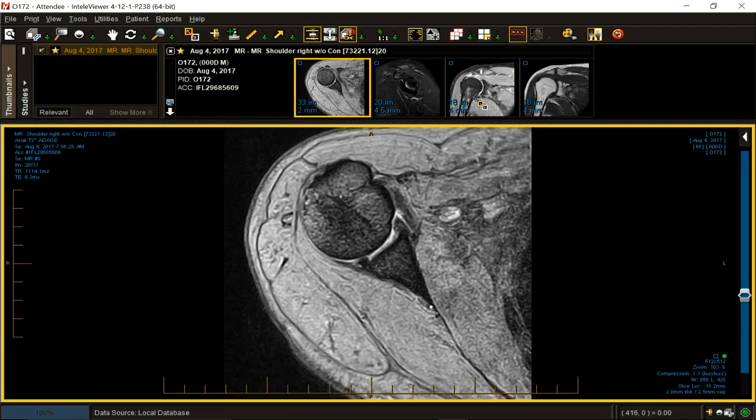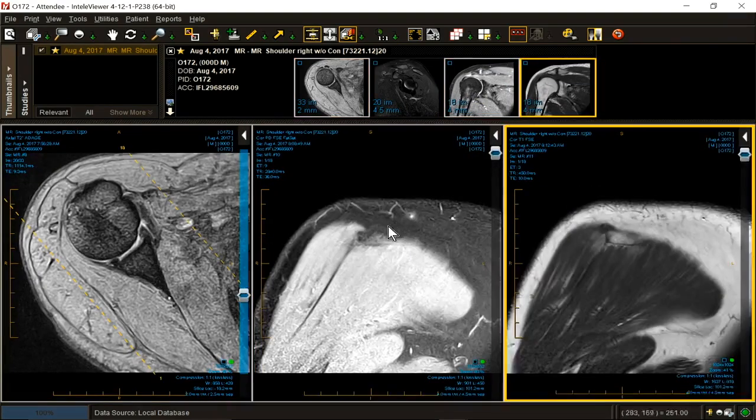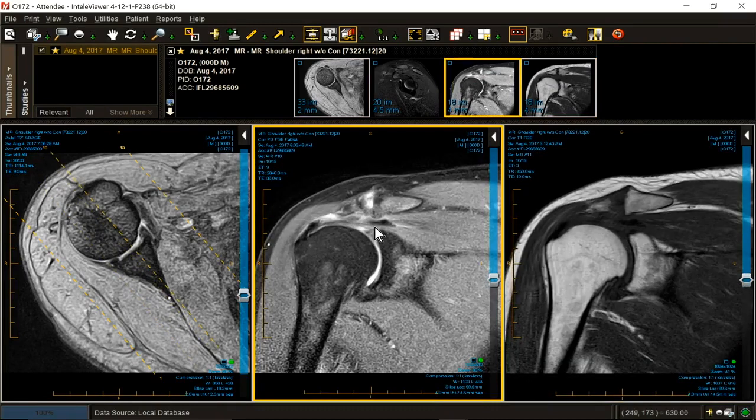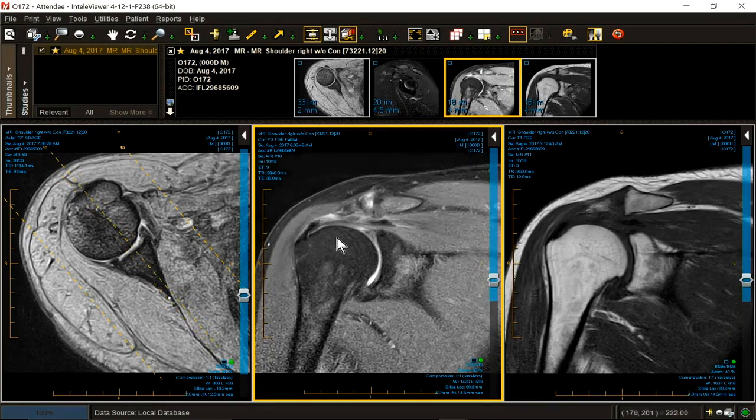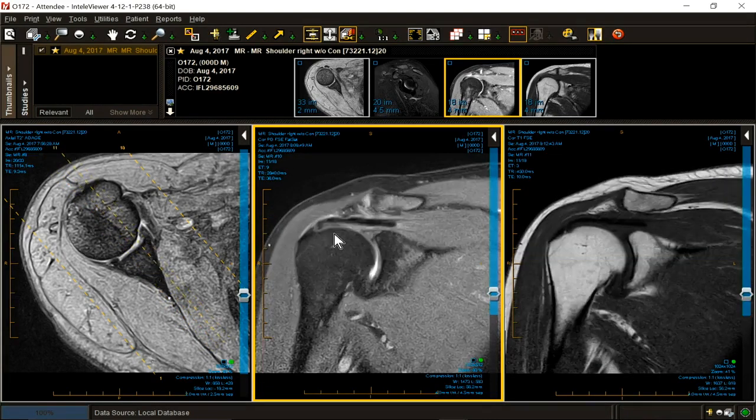Let's look at the long axis. Patient moved a little bit. That's rather strange looking, isn't it?